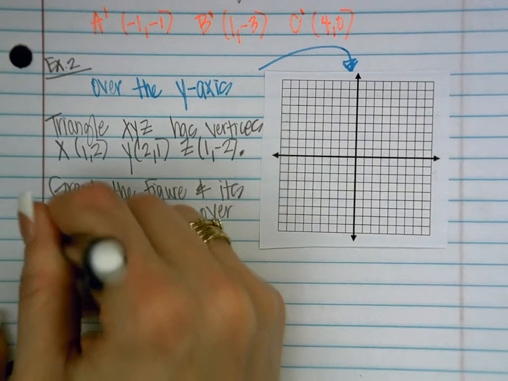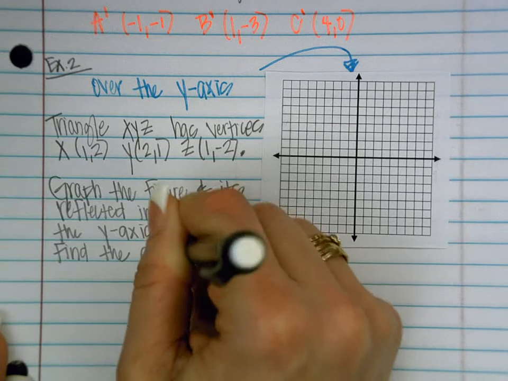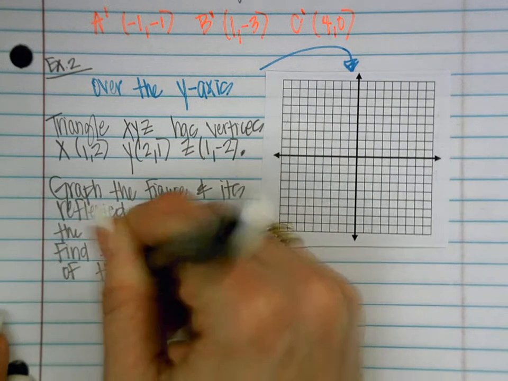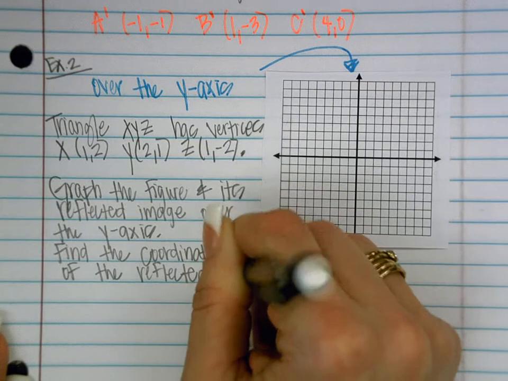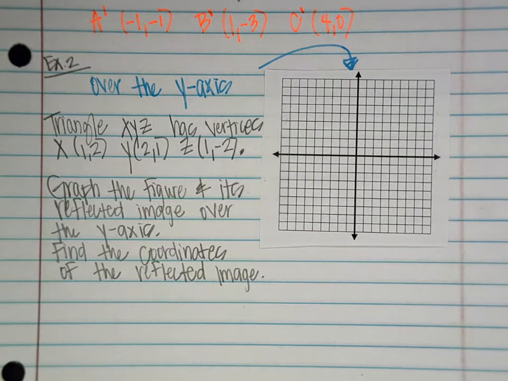And I also want you to find the coordinates of the reflected image. I'll give you guys just a minute to write that down because I know it's going to take just a minute.